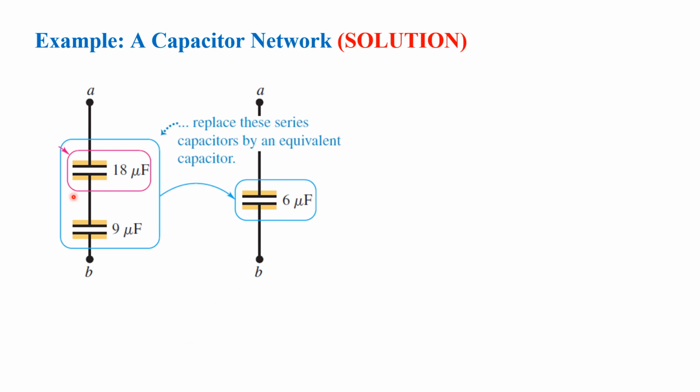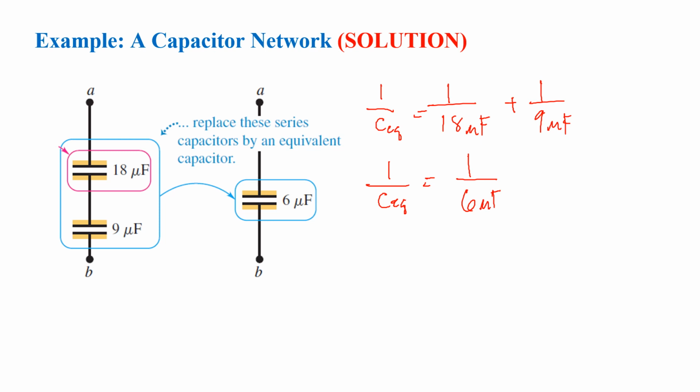So 1 over C equivalent is equal to 1 over 18 microfarads plus 1 over 9 microfarads, which is 1 over 6 microfarads.